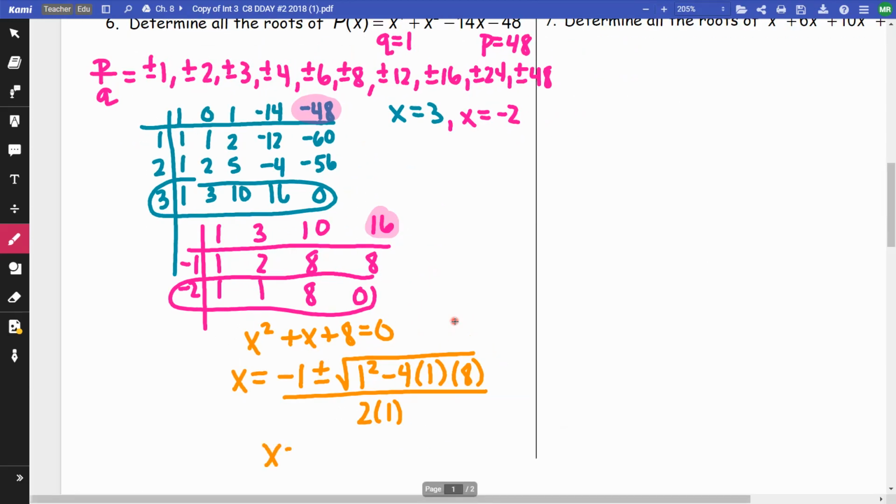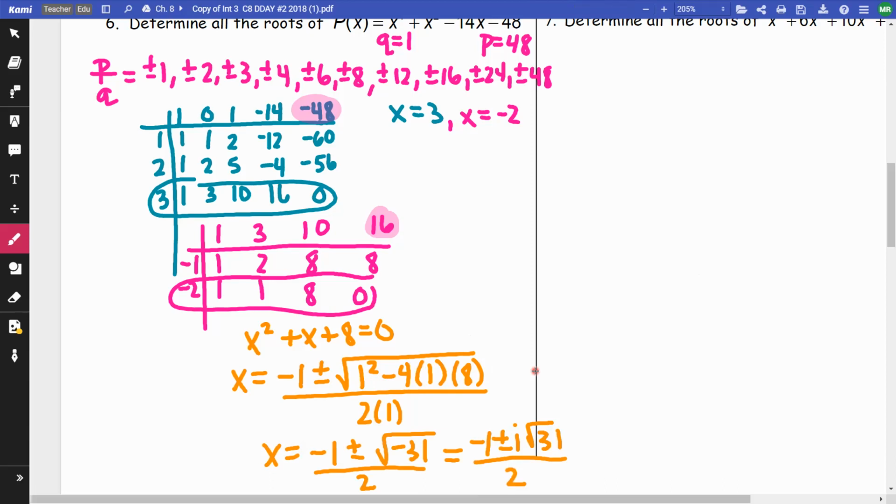So I'm going to get x is equal to -1 plus or minus, and I think I'm going to get an imaginary answer here. This is going to be a 1. This is going to be a -32. So I'm going to get the square root of a -31 over 2. So that's going to be -1 plus or minus i root 31 over 2.